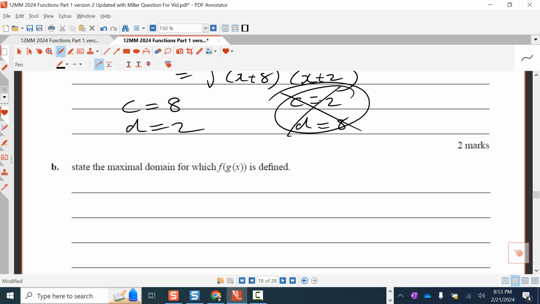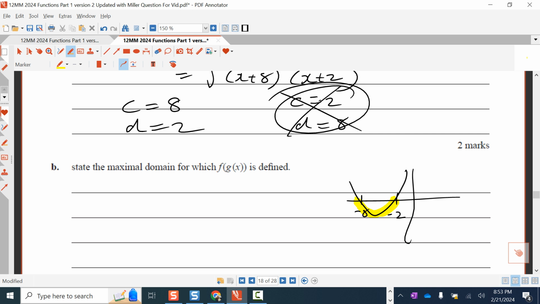The reason for that is the resulting composition, if we draw just the parabola component, is going to have x-intercepts at -8 and -2, and it's going to look something like that. Now we know in methods that you can only square root values that are 0 or positive. So what that means is that this function won't be defined between these two values here. For the rest of it, it's defined.